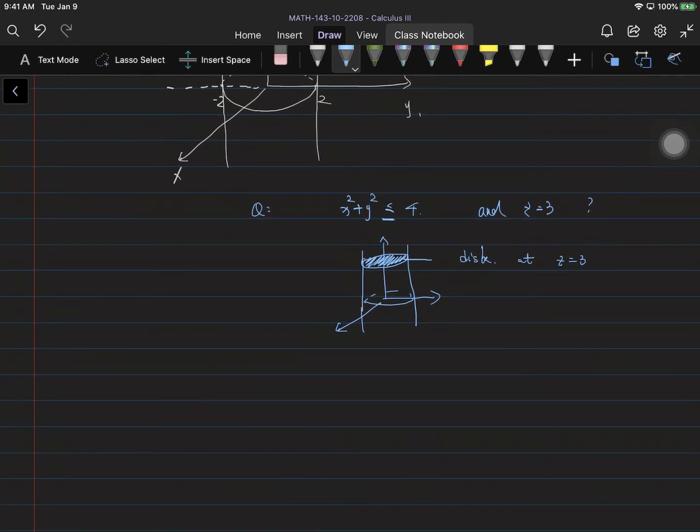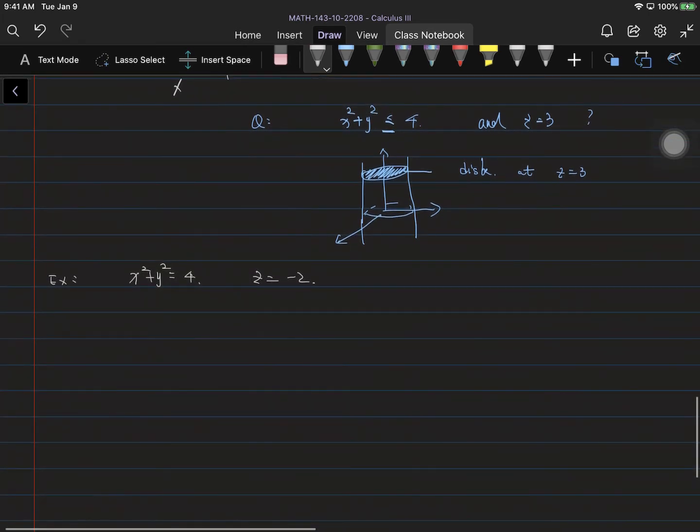And let's take a look at the exercise problem. You can try this. X squared plus y squared equals 4, z equals -2. Okay, you can draw this. Where are the points? X squared plus y squared equals 4, same thing.